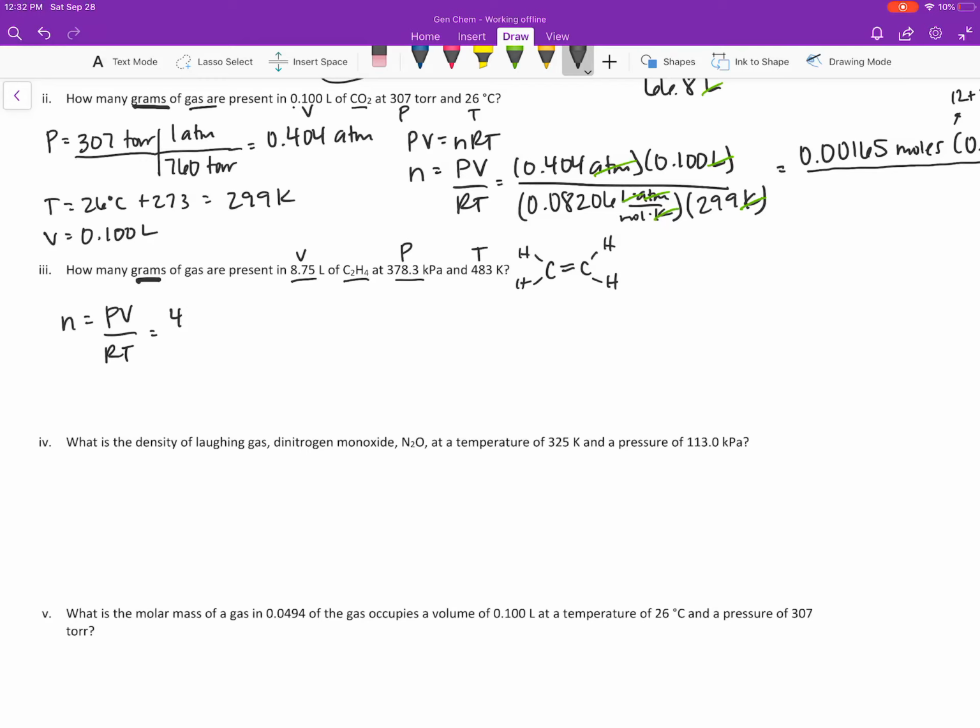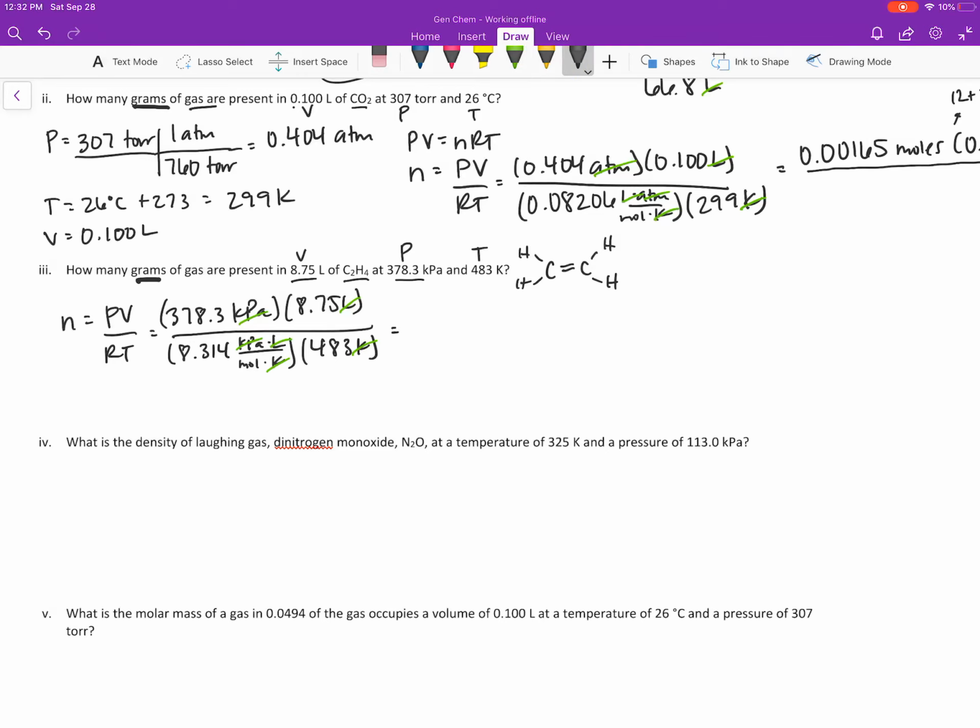So I have a pressure of 378.3 kilopascals times 8.75 liters, divided by 8.314 kilopascals times liters divided by moles times Kelvin, and then 483 Kelvin. So it's really nice when the units are already in the right units and they just need to cancel out.